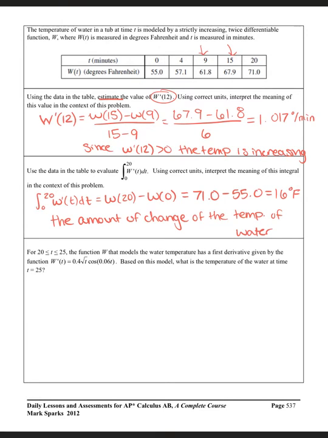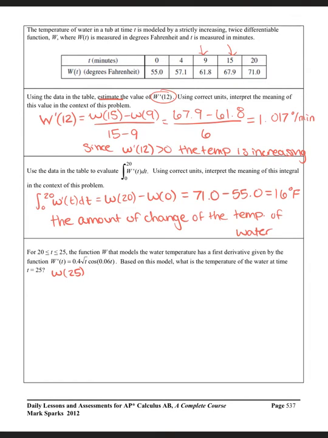Okay, so last one. For t between 20 and 25, the function w that models the water temperature has a first derivative given by the function w prime of t. Based on this model, what is the temperature of the water at time t equals 25? Okay, so we want to know the temperature of the water. So we want to know w of 25, but we have w prime.